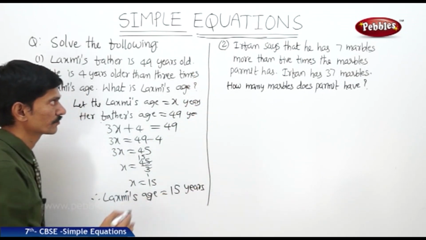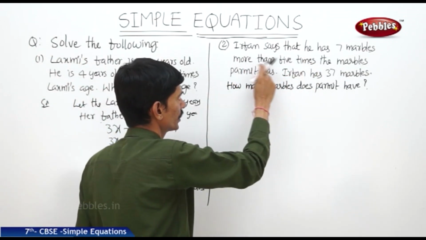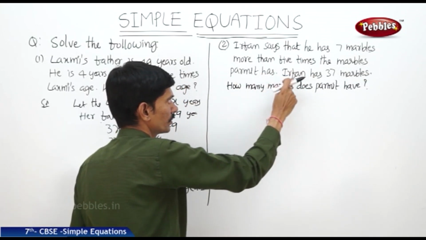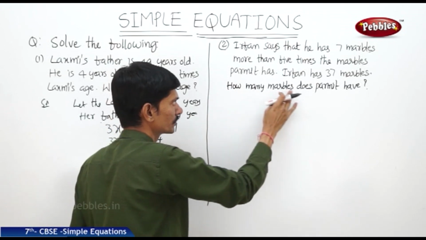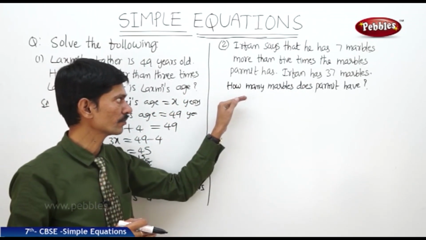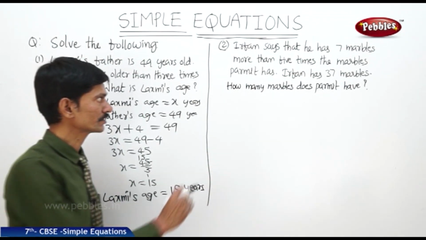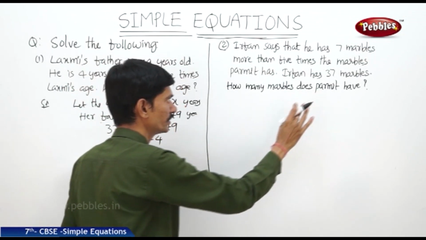Now the next question. Irfan says that he has 7 marbles more than 5 times the marbles Parmit has. Then Irfan has 37 marbles. Then how many marbles does Parmit have? So first let us take the number of marbles that Parmit has as x.